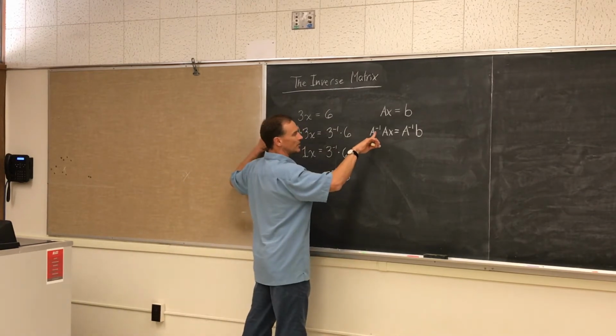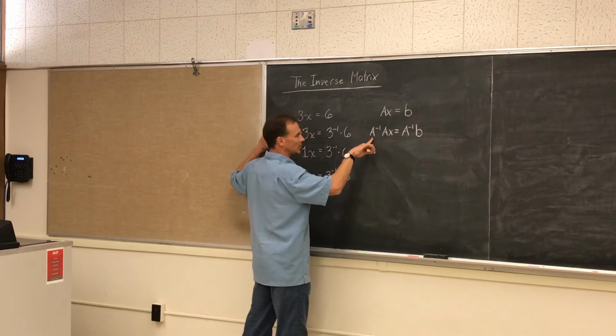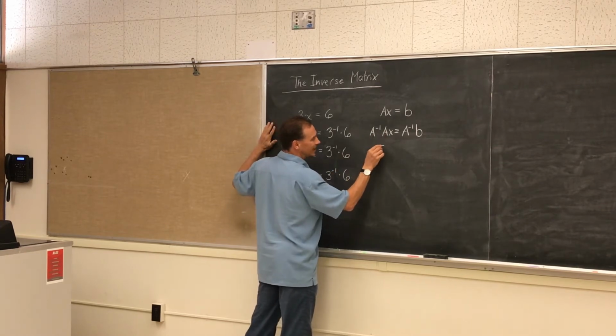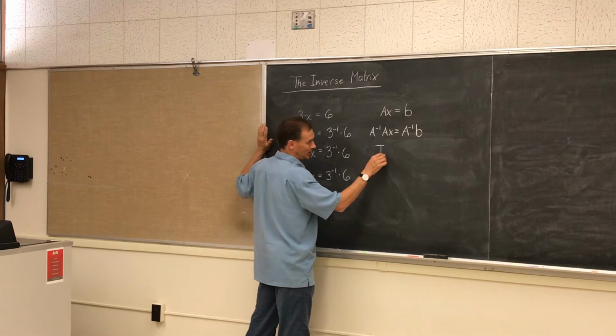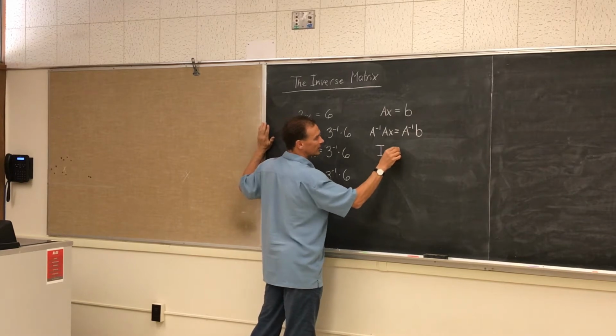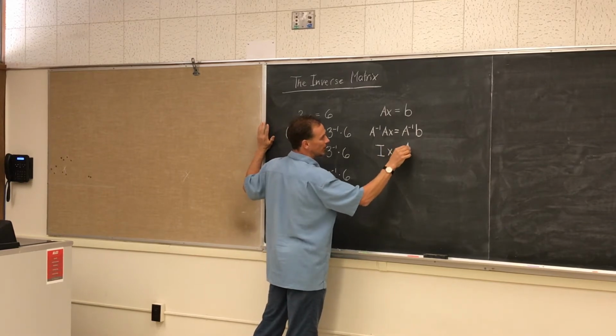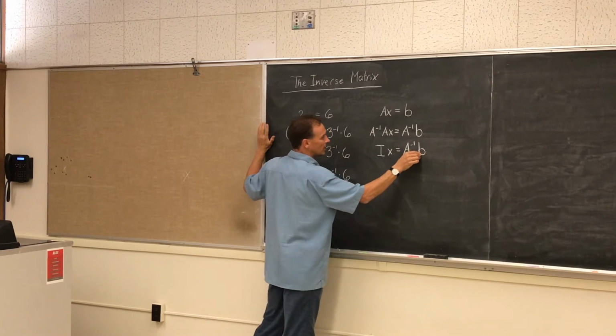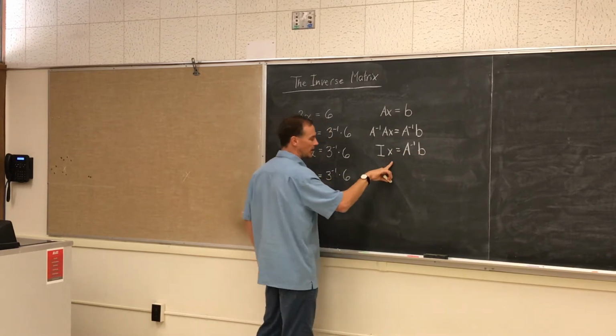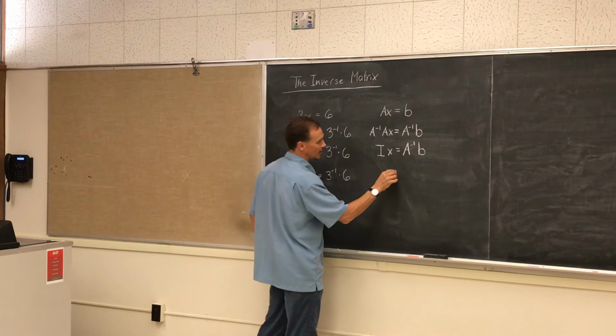The matrix times its inverse gives us the identity of matrices times x equals A inverse B. And finally, the identity times the vector just gives us the vector.